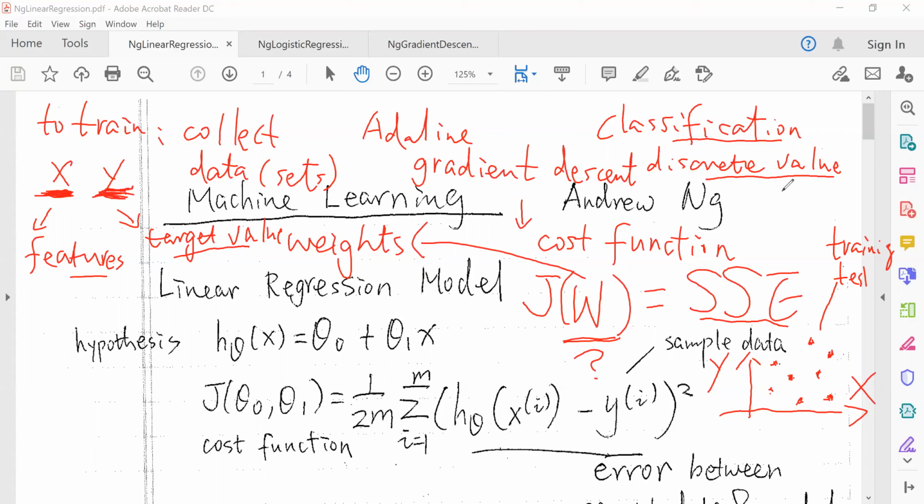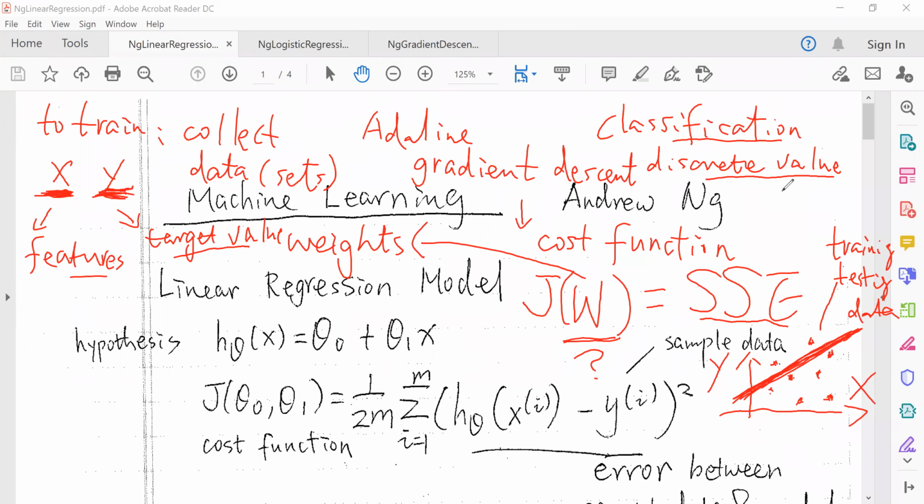Training and testing data. It's the real data you collected. And in Adaline, what we said is, Adaline is classification, and the goal is you find some line and then you can do the classification.